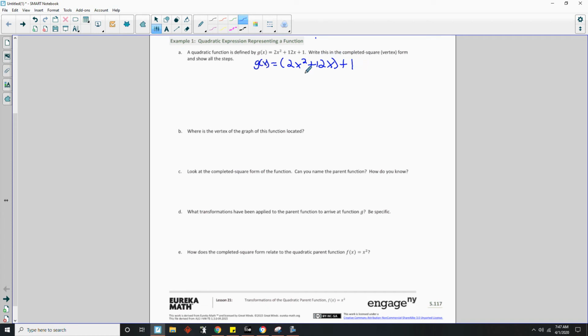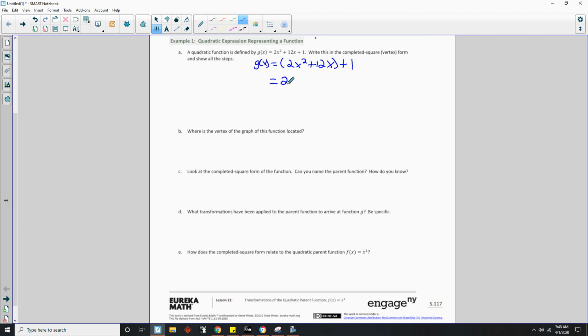The next step is to factor out the greatest common factor of what's in the parentheses. 2 will go into 2 and 2 will go into 12, and there's also an x. We're not going to factor out the x though, because what we're trying to do is make a complete square. So we're just going to factor out the greatest common factor numeric portion.